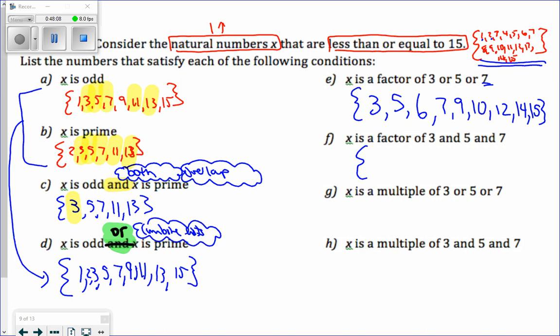Okay, so when there's no answer, it's called the empty set. And the way we show empty set is 0 with a diagonal line through it. So don't leave the question blank, because blank means you don't know how to answer it. Like when you leave something blank, I just assume you skipped it and didn't know what to do. Empty set means that there aren't any numbers that satisfy that condition.